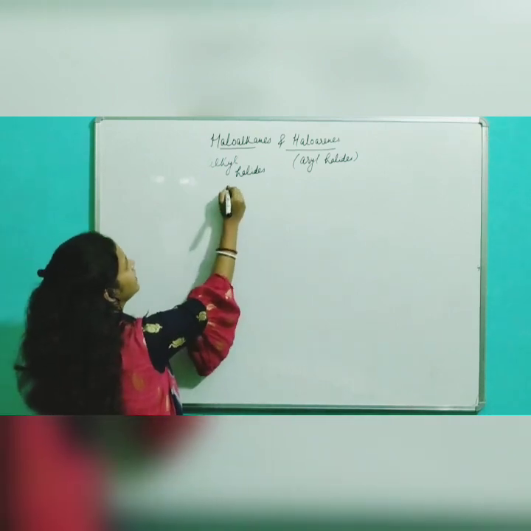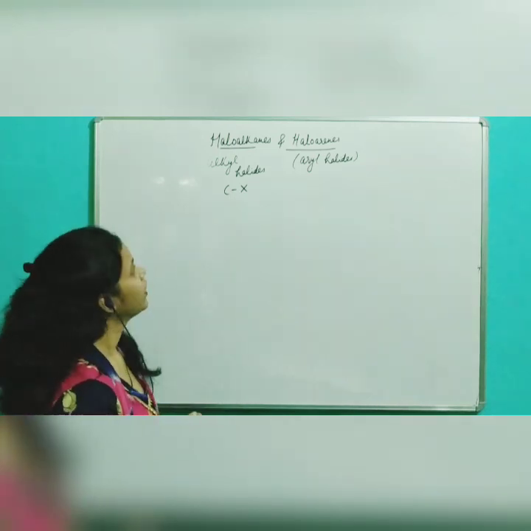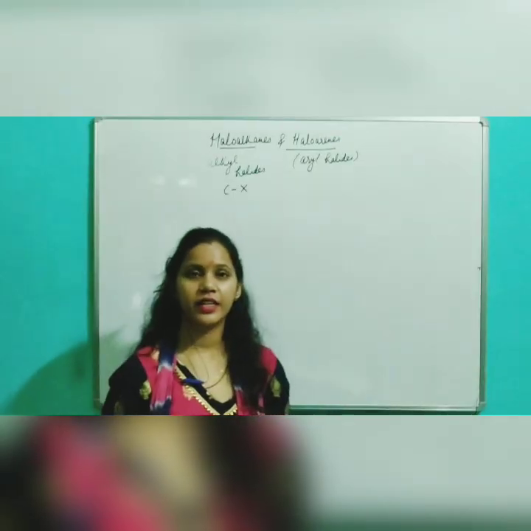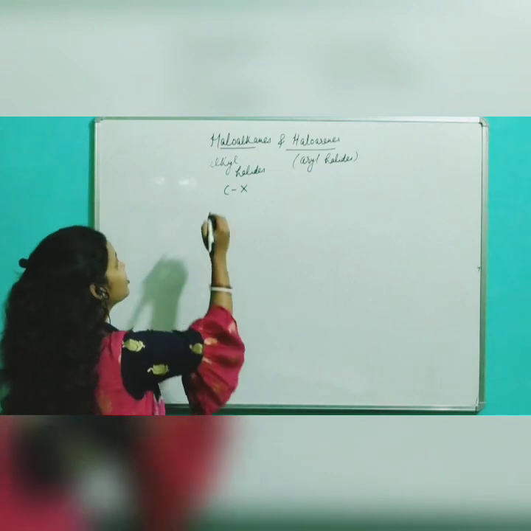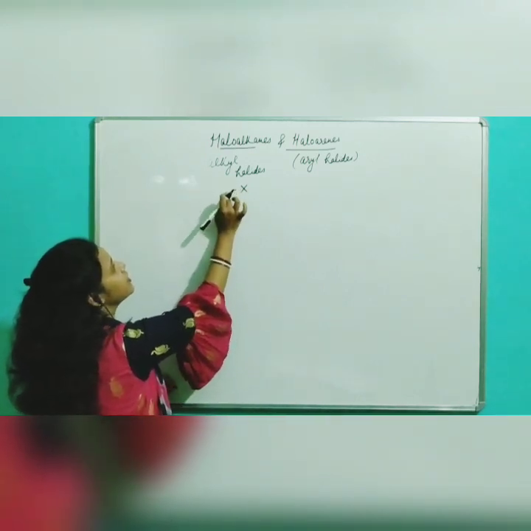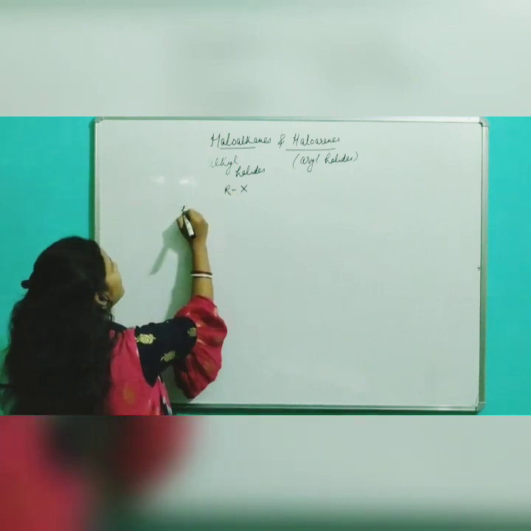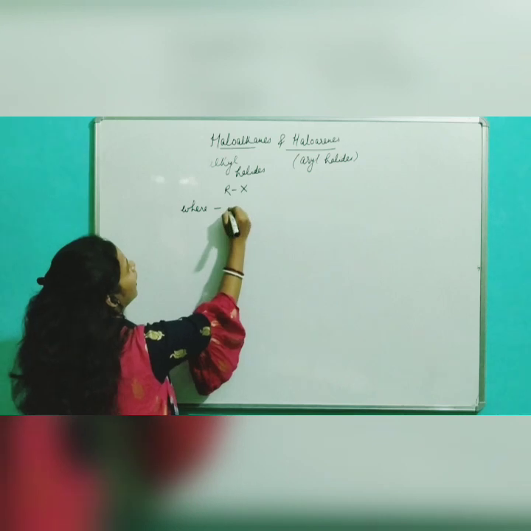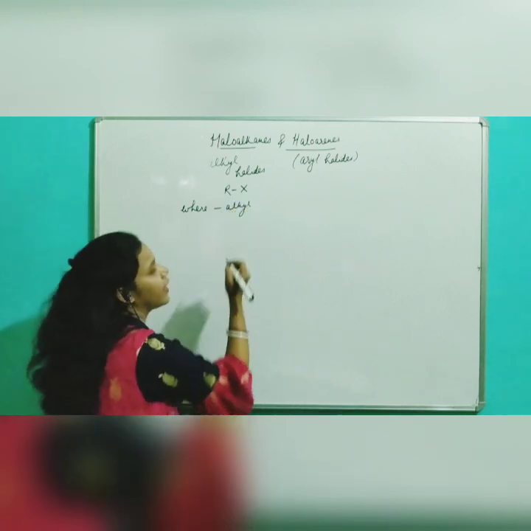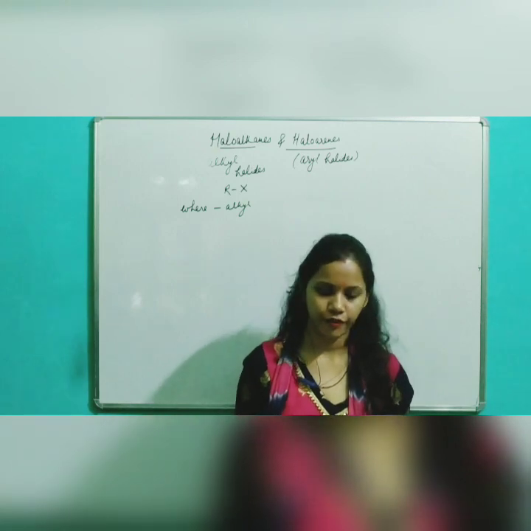or we write it as CX. Why CX have I written? Why not CH3? We can write it as RX, where R stands for an alkyl group, and this alkyl group can be methyl, ethyl, propyl or any other.